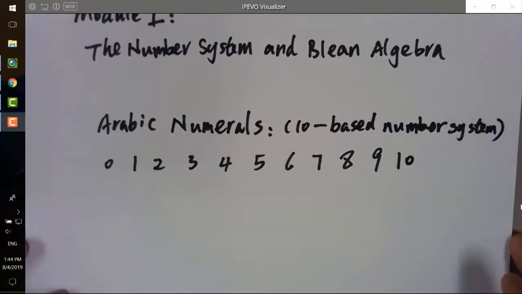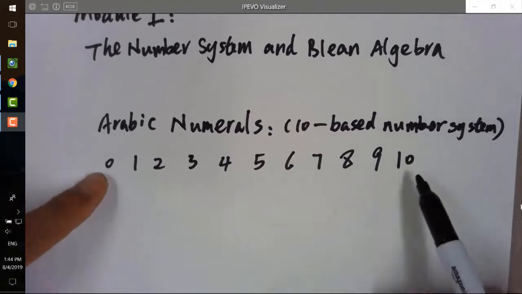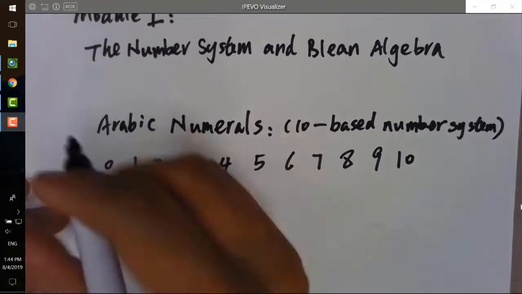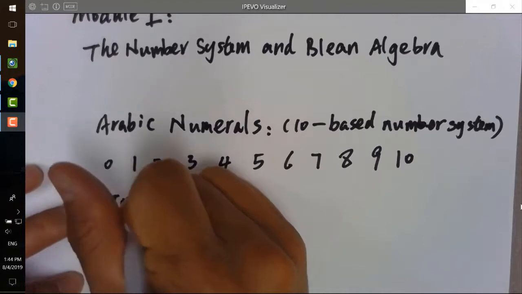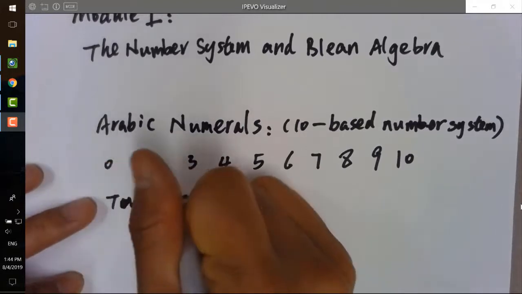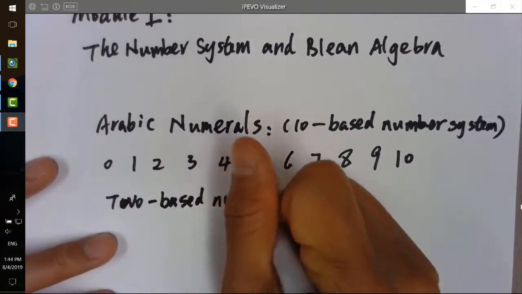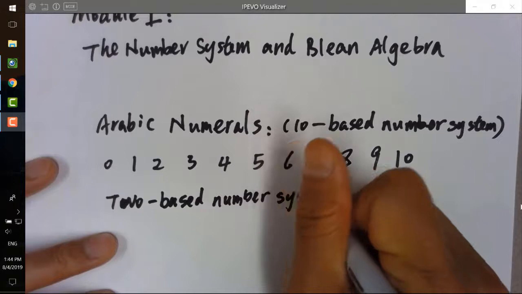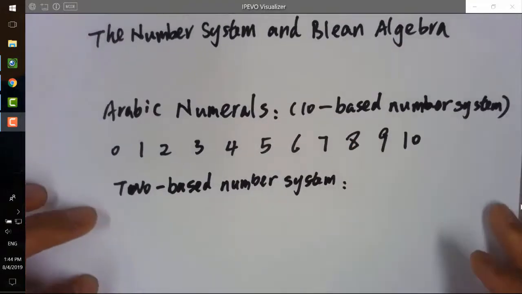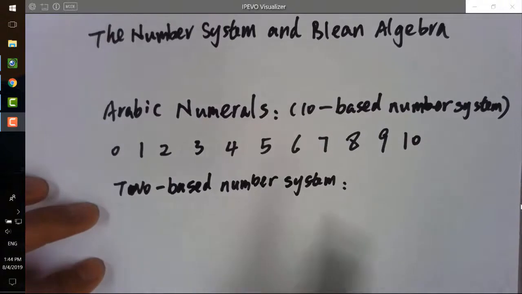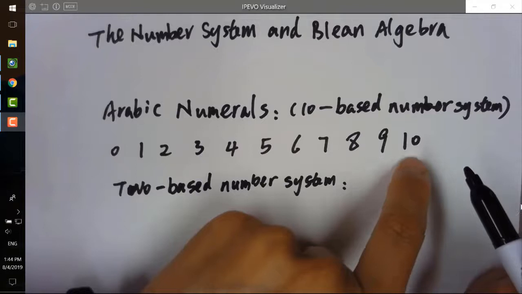All right, so let's think about that. 0 until 9, then we have to carry, right? So what about the 2-based number system? Think about it. In the 10-based, we count until 9 and then we carry.